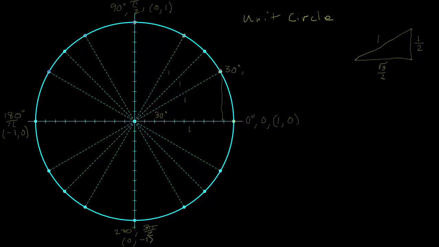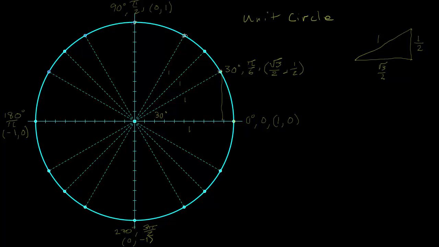So this is pi over 6. And the point here is, now, the x-coordinate is square root of 3 over 2 when that hypotenuse is 1, and the y-coordinate is 1/2.